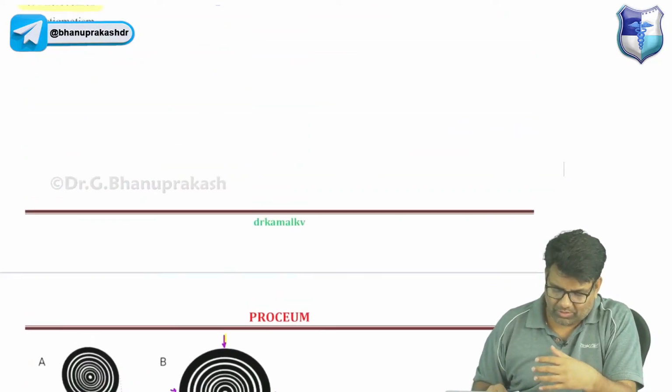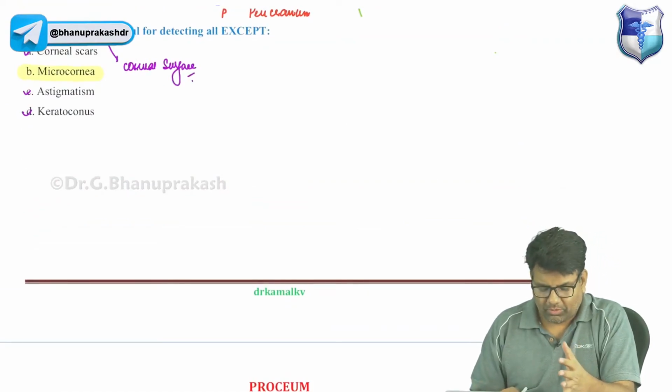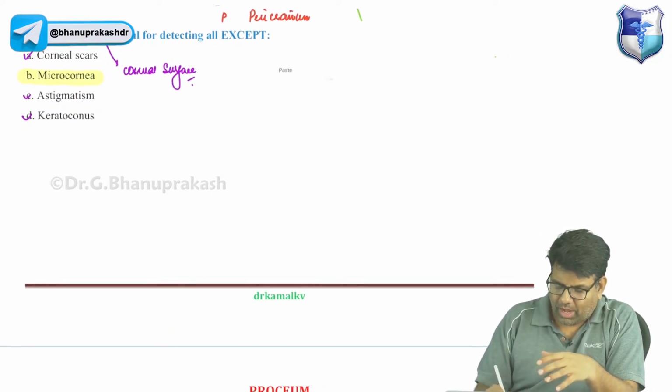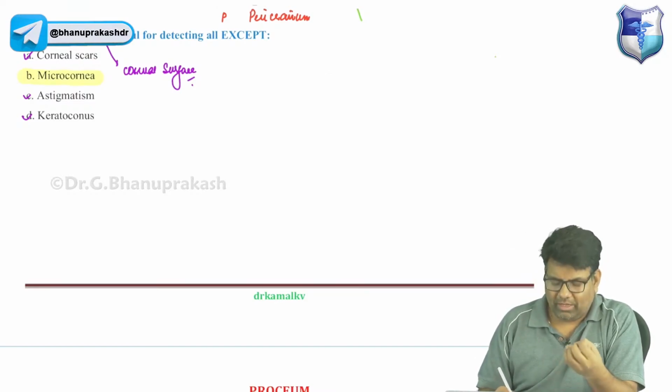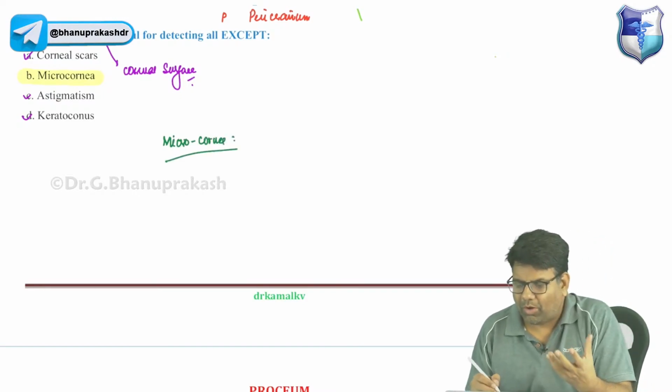So placido disc, you can simply remember it is for corneal cases, in simpler words, right? Therefore we can exclude microcornea from these options. Now what actually is microcornea? As the name suggests, micro means small.